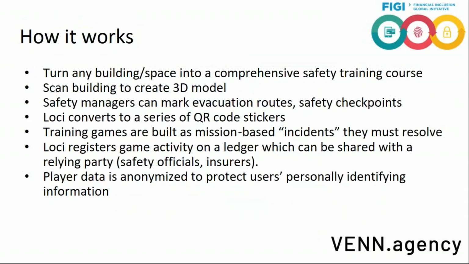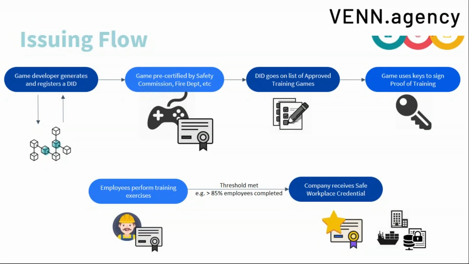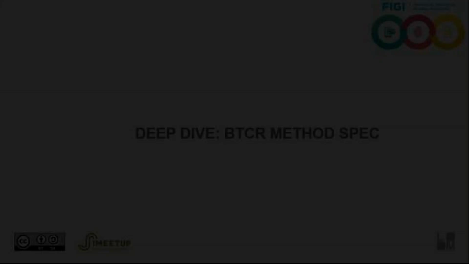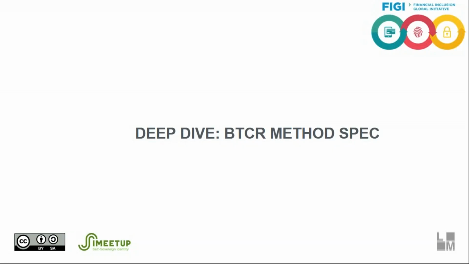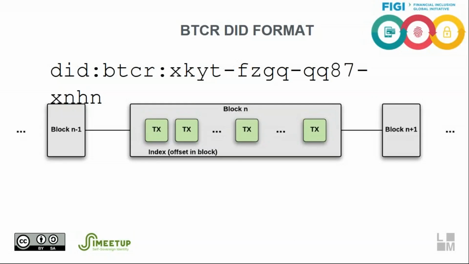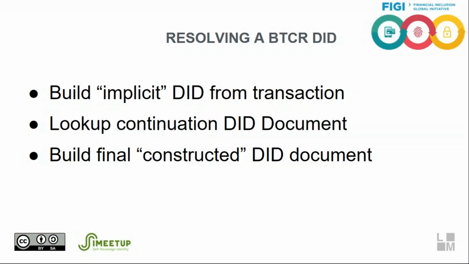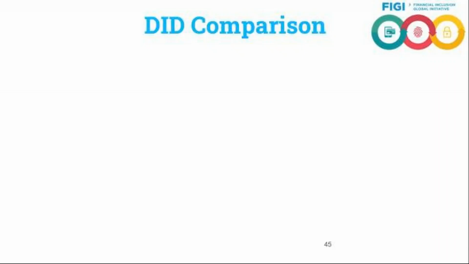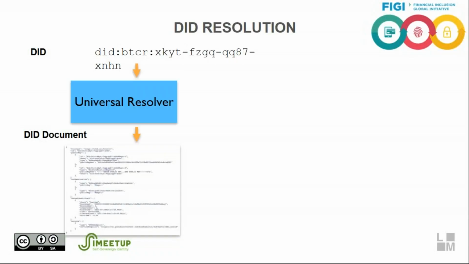When DIDs were first designed, a guy called Drummond Reed, he's Evernym's Chief Trust Officer, which is a kind of made-up title because we're trying to work out what to call him, did most of the DID spec, about 90% of it. He designed it so it wasn't going to be specific to Sovereign. It was going to be open, and you could have different methods because there could be different stores. You may want to use a different ledger for some reason. You may have a private implementation of Hyperledger Indy.